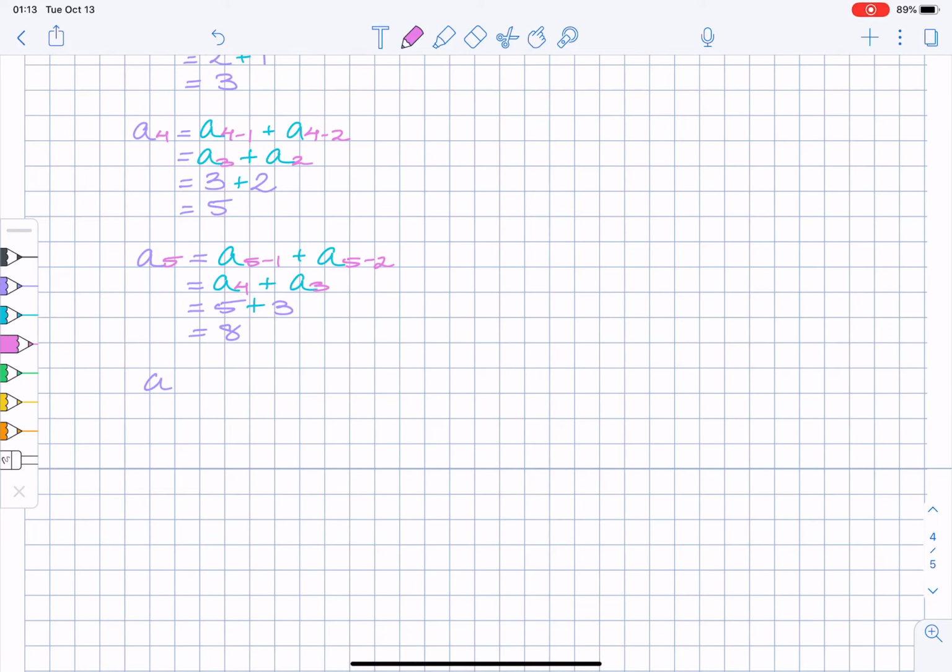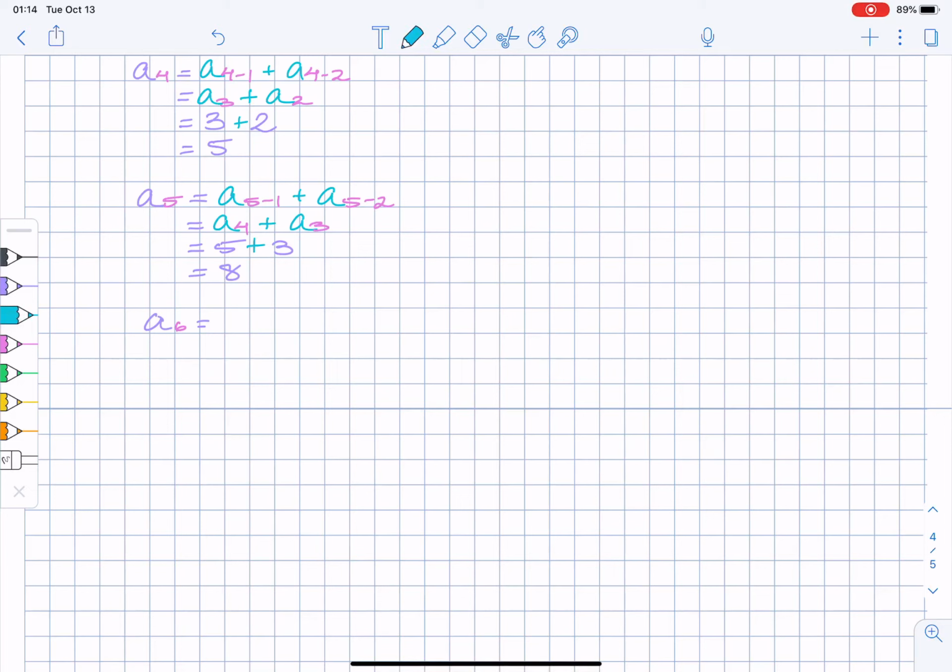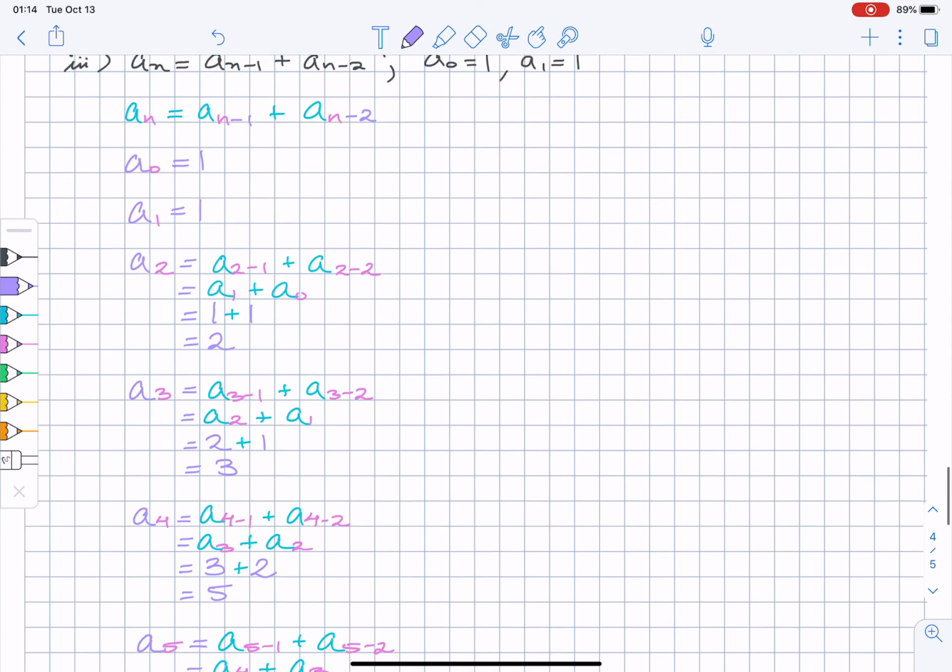I don't know if I can do it, but let's see if I can fit it here. Otherwise, I'll move it. So a sub 6 is going to be a sub 6 minus 1 plus a sub 6 minus 2. So this gives us a sub 5, to which I'm adding a sub 4. So we were given both of those. They are a sub 5 we found to be 8, and a sub 4 we found to be 5. So this gives us 13. That's a good number to end that problem on. Okay, it's a lot of work.